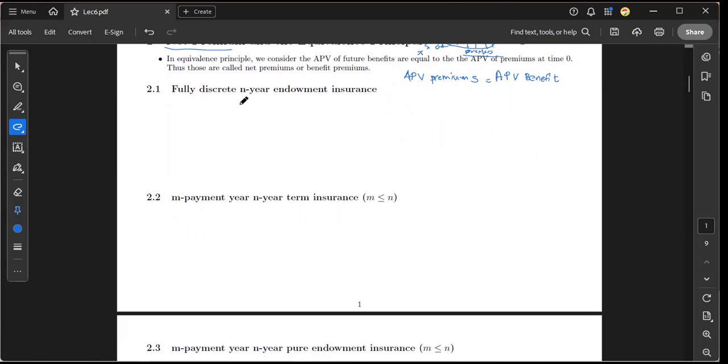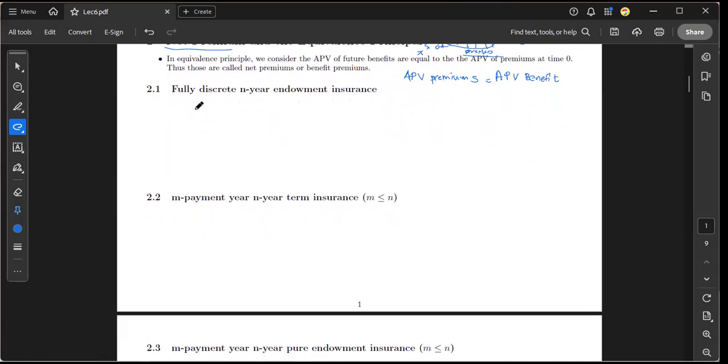So when we have a discrete n-year endowment insurance, assume it is said to be a fully discrete n-year endowment insurance. That means in the endowment we have the death benefit and also the survival benefit at the end of the period. So there are two cases for the benefits.